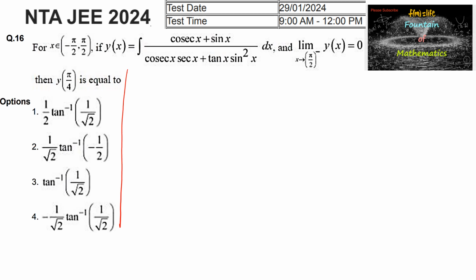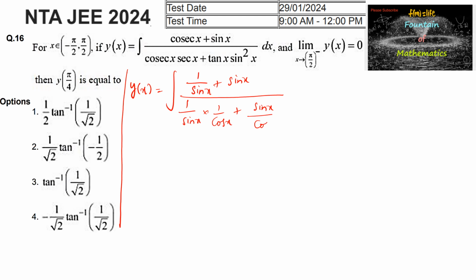So we can simplify here y of x as the integral of (1 upon sin x plus sin x) upon (1 upon sin x into 1 upon cos x plus sin x upon cos x into sin square x) dx.